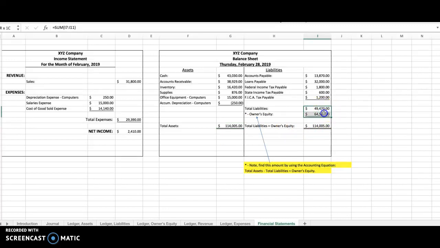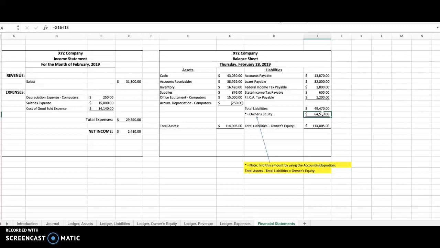And then when you add up those two numbers, liabilities and owner's equity, it comes up to the same number as total assets. So the balance sheet does balance. So that's how that is figured on the balance sheet. You use the accounting equation.